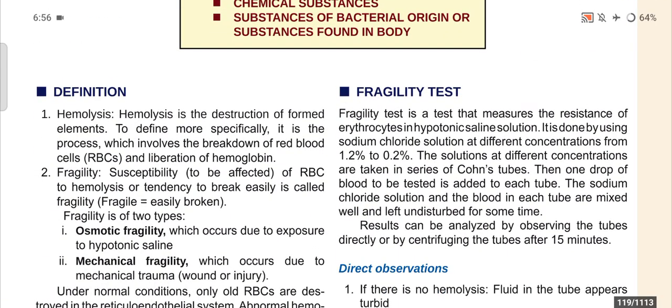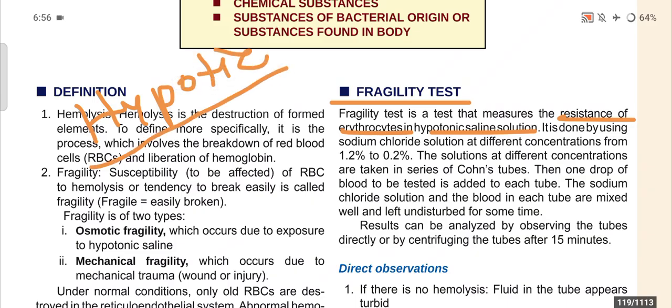Fragility test. What is the fragility test? First of all, it is a test which measures the resistance of the erythrocyte in hypotonic saline solution. So the saline will be hypotonic. Mainly it is taken as sodium chloride, and it may be taken at different concentration levels. It ranges from 1.2 to 0.2%.